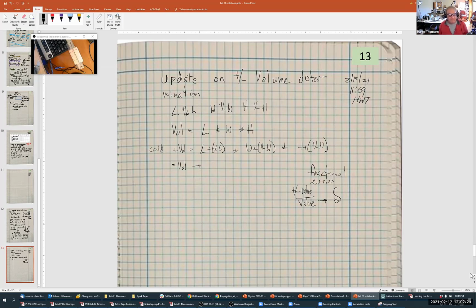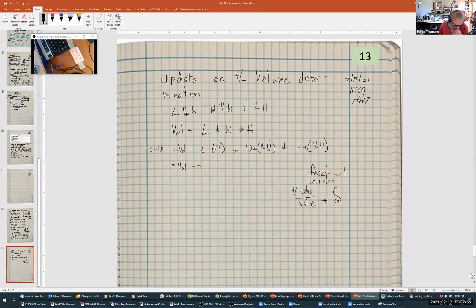And why would you do that, and why do you not do it when you do the plus minuses? In the plus minuses, when you add and subtract numbers, first of all, the sig figs come from the number of decimal places, but for us, it's always going to be the same.